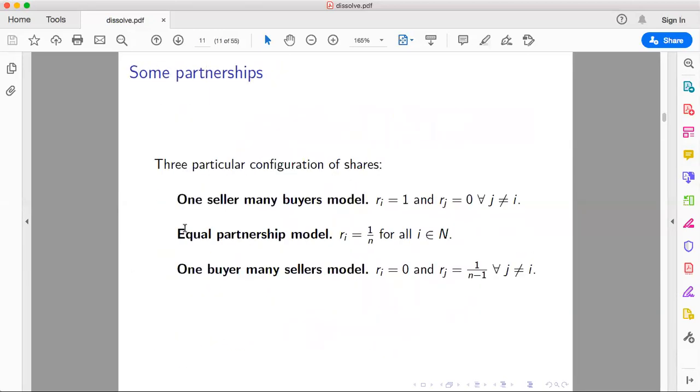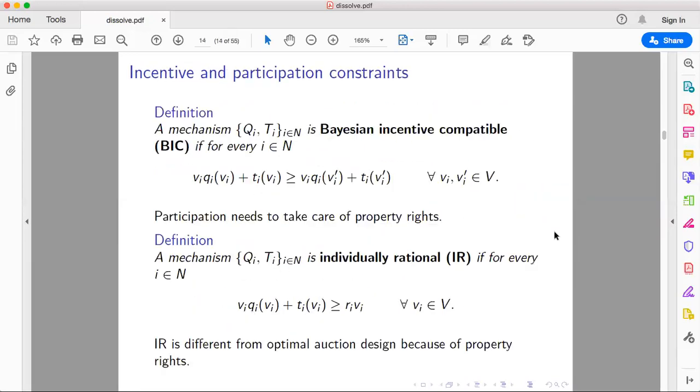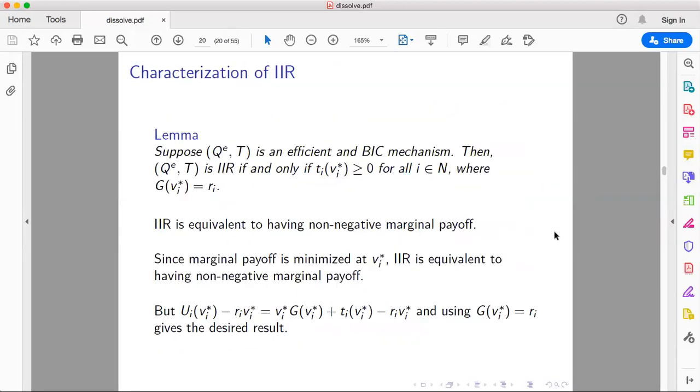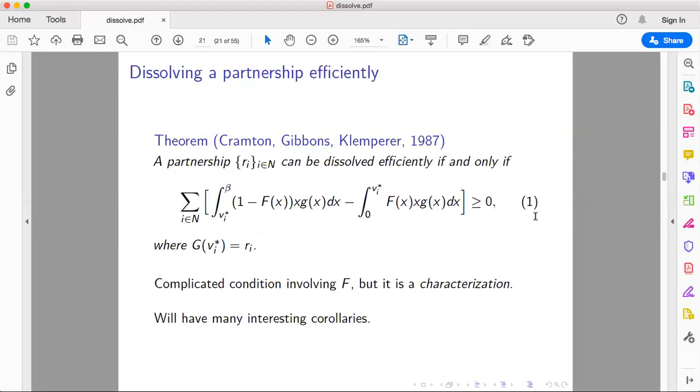So equal partnerships are partnerships where each agent has an equal share of the object. In that case, what we can show is that this inequality is always satisfied, irrespective of what that capital F distribution is.